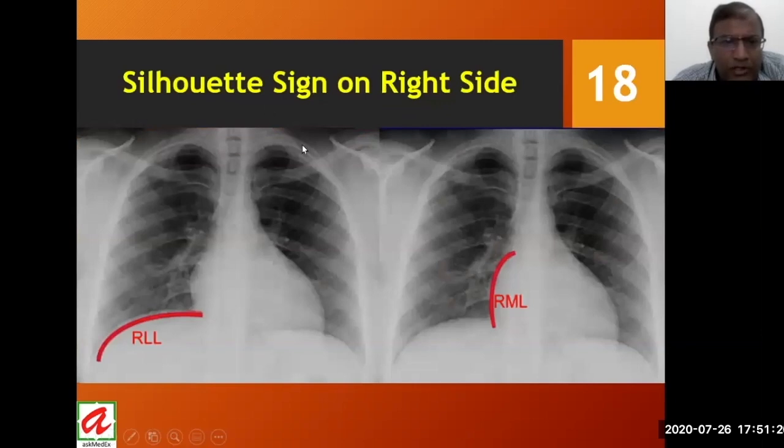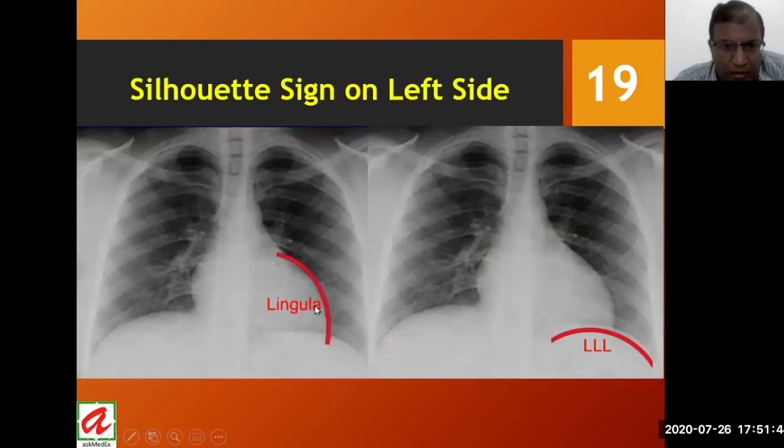Now based on this silhouette sign, on the right side, if the right hemidiaphragm is not visible, it is obscured, think of a right lower lobe involvement. If the right cardiac border is not seen or it is silhouetted, then think of a right middle lobe involvement. Similarly, on the left side, if the left cardiac border is obscured or is not visible, think of a left lingular lobe involvement.